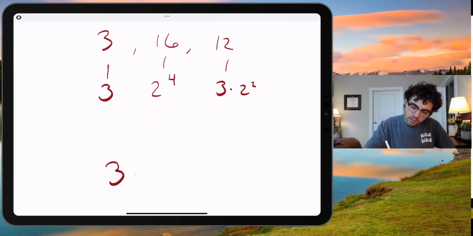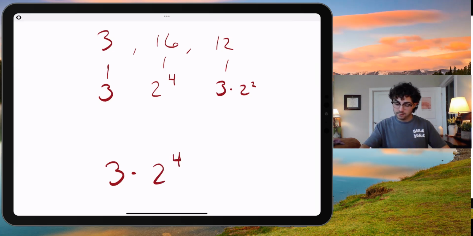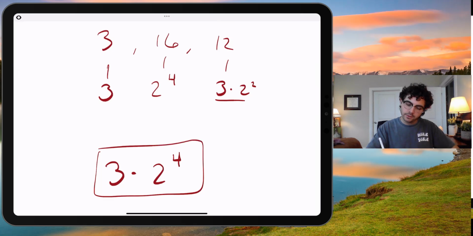We need a 3. We definitely need 4 2's. And 3 and 4 2's already has a 3 and 2 2's. So this is like the least common multiple, in other words, the least common denominator of these three denominators here. So 3 times 16, so that's 48.